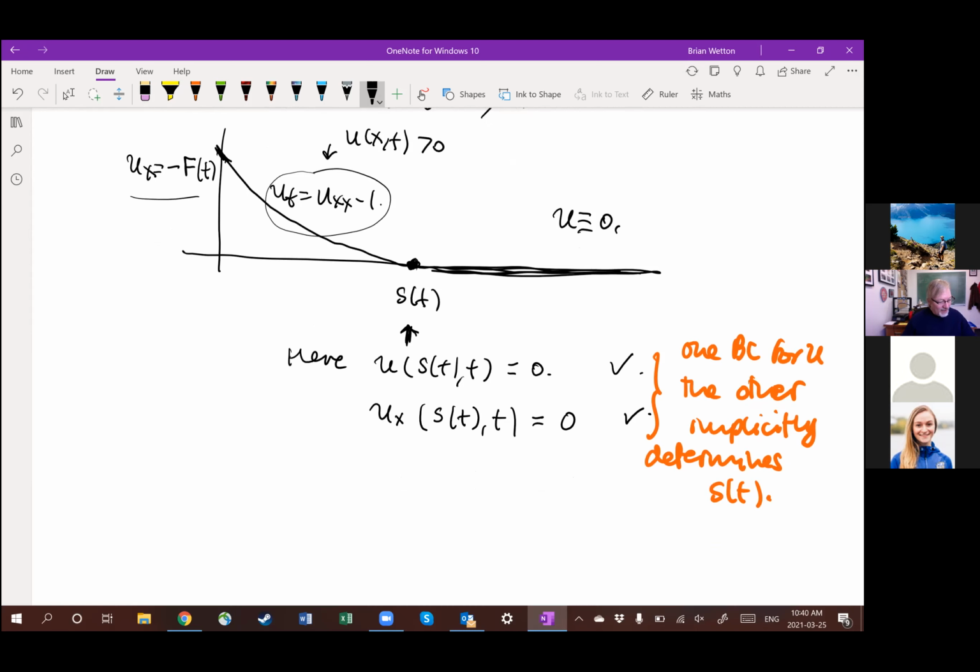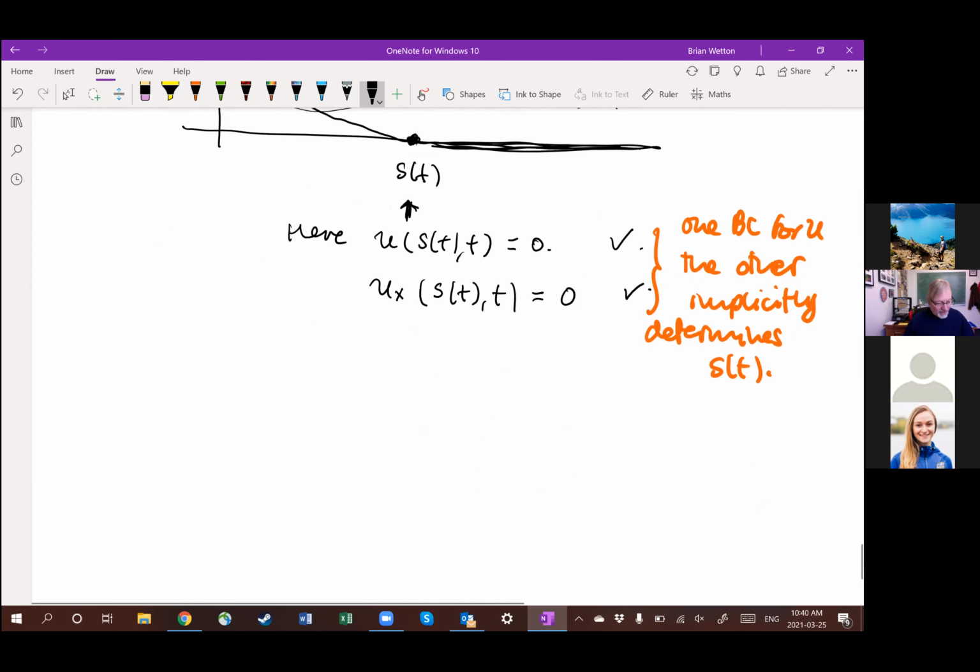Okay, I've got 5 minutes. So I'm going to go on and do a few other things next week, but let's do an easy example. This is the sort of example I'm going to get you to do for some of the other free boundary value problems that we have looked at, or we will look at, or maybe some new ones.